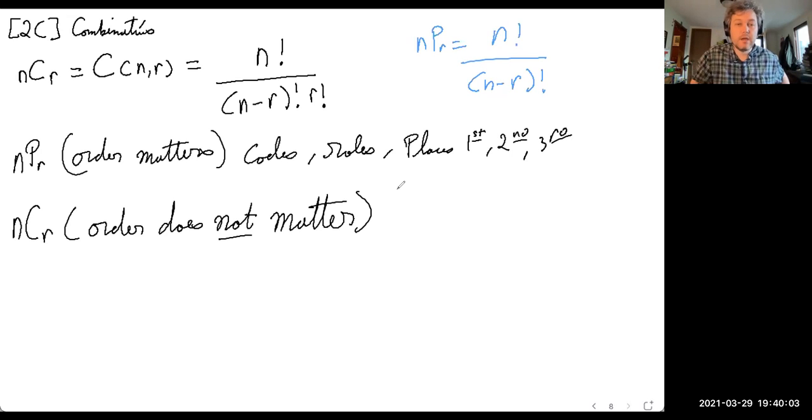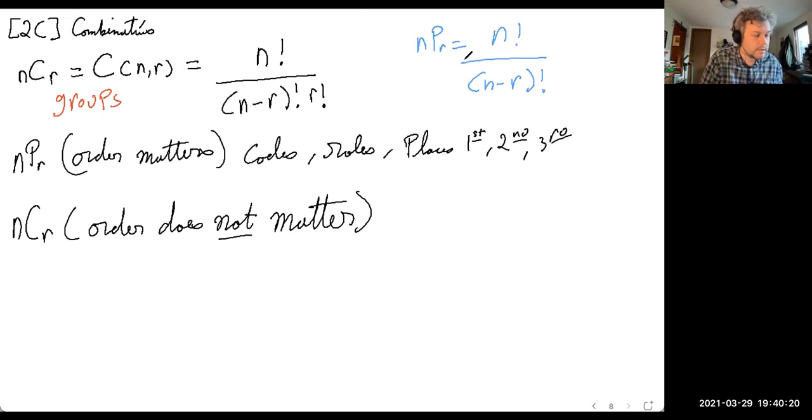If you're just making groups, order doesn't matter. So combinations really has to do with groups. Making groups of things is really going to make the difference between whether you're thinking of a combination or a permutation.